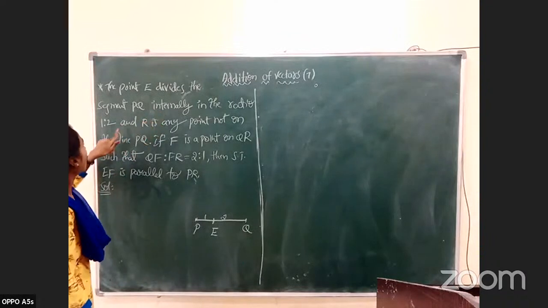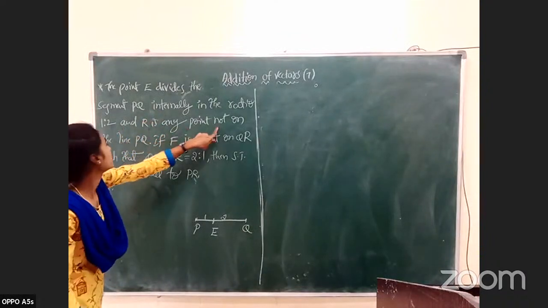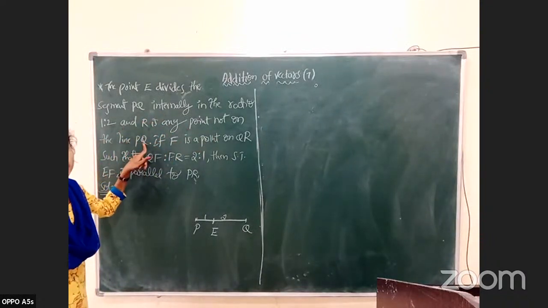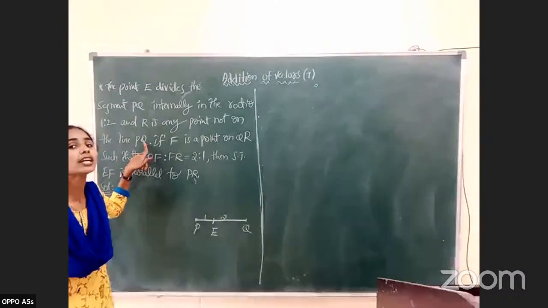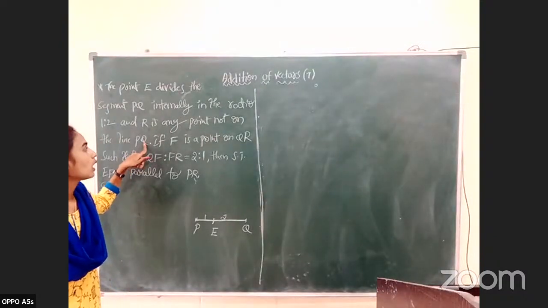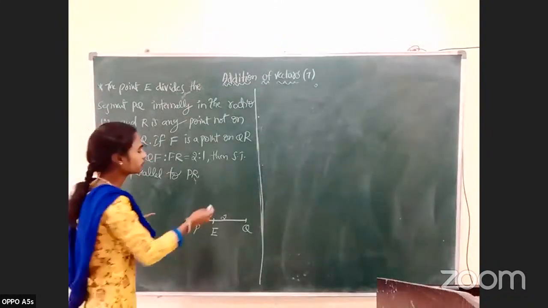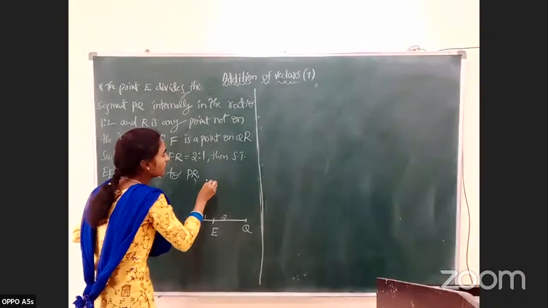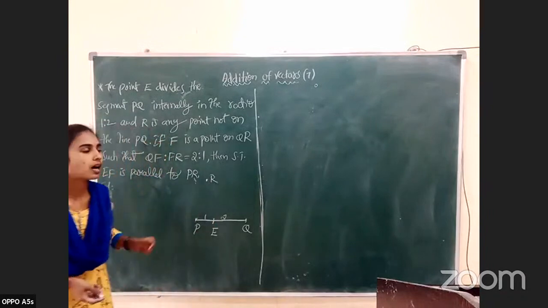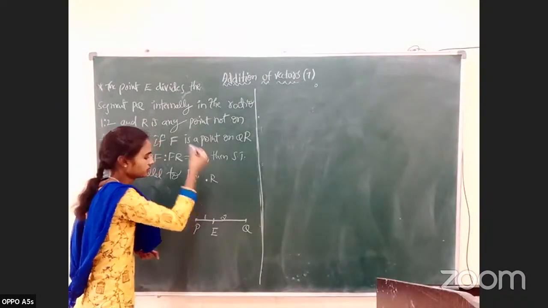And R is any point not on the line PQ. That means P, Q, R are not collinear, because R is not on the line PQ. Let R be here, not on the line.